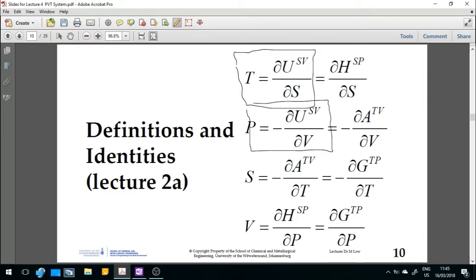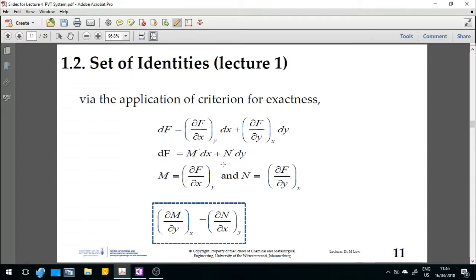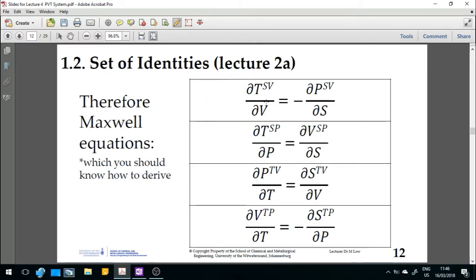And then from these definitions of temperature and pressure, you can further derive definitions of S and of V with respect to H, G, and A. And it all comes about from the criteria of exactness, and exactness is nice because it gets you Maxwell relations. You use these in deriving the thermodynamic equations with respect to temperature and pressure as opposed to entropy.